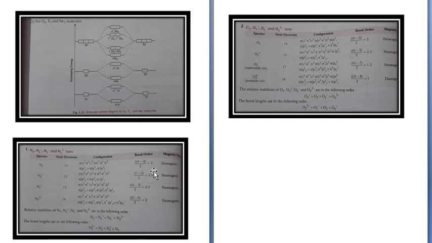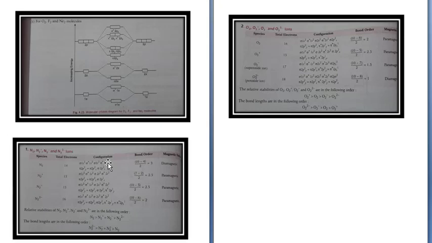Whereas antibonding, the ones with asterisks, you have only sigma asterisk 1s2, that is 2, and sigma asterisk 2s2, that is again 2, so 4. So it is 10 minus 4 upon 2, which is 3. And because all are paired, it is diamagnetic.